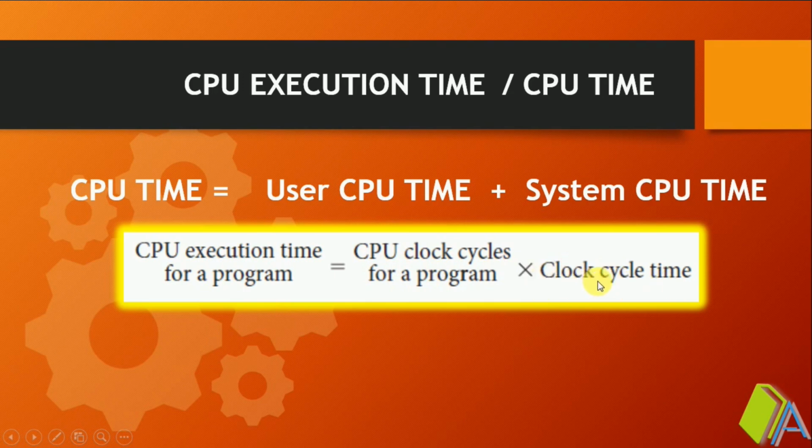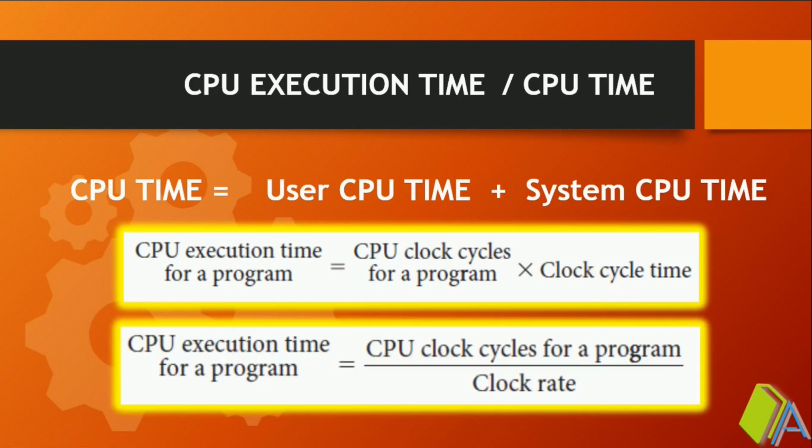Actually, the clock period is 1 by clock rate, right? So you can modify the equation like this: execution time of a program equals number of clock cycles required for a program divided by clock rate. Clock rate is actually the clock frequency. So this is the equation relating execution time as well as clock cycles of a program.